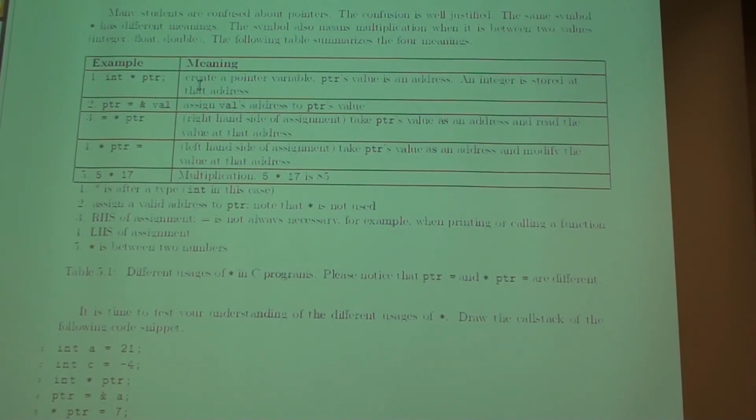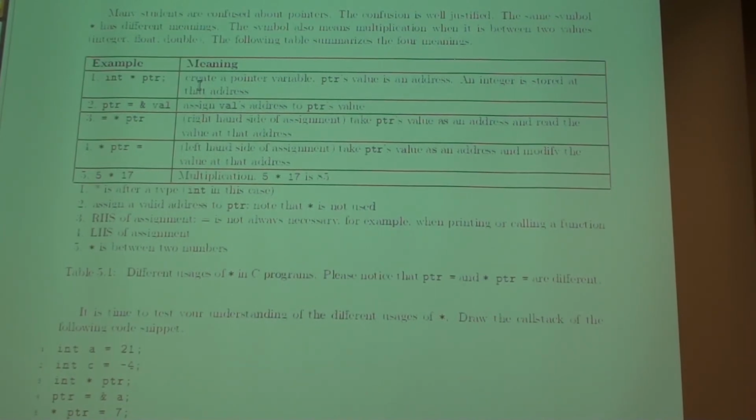If you put star PTR equal to 7, and PTR equals ampersand A, then because PTR's value is the address of A, I'm going to change the value of A. If you do PTR equal to 7, first, you should not say PTR equal to a number.